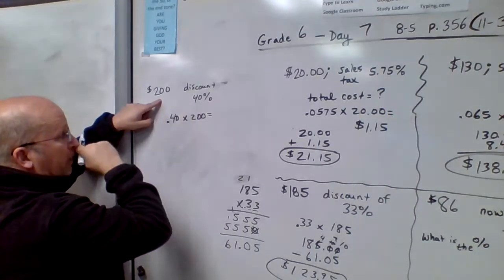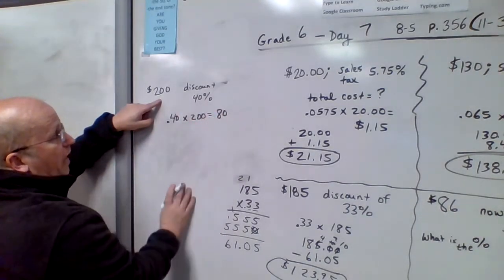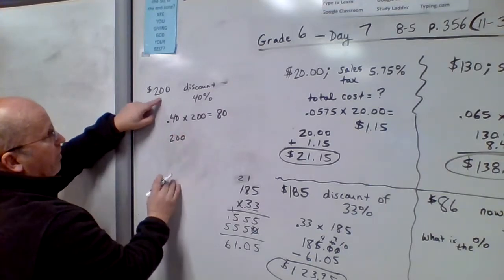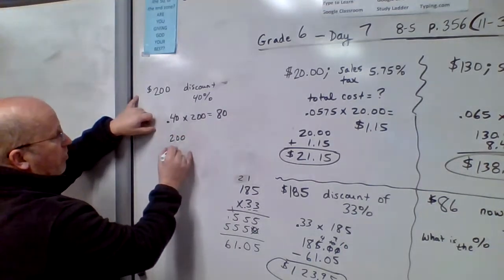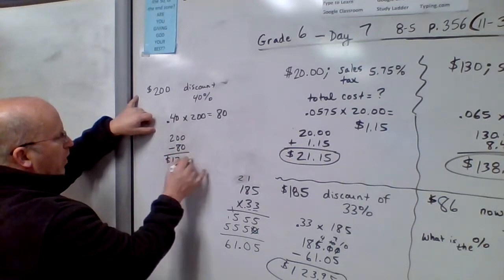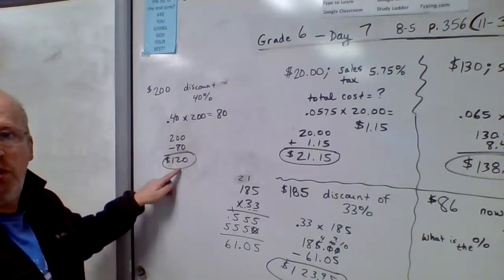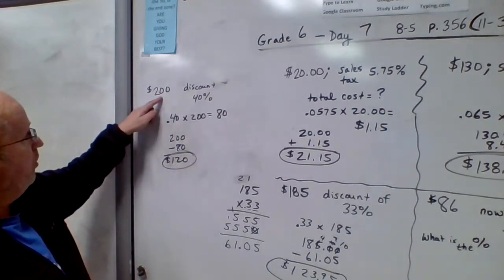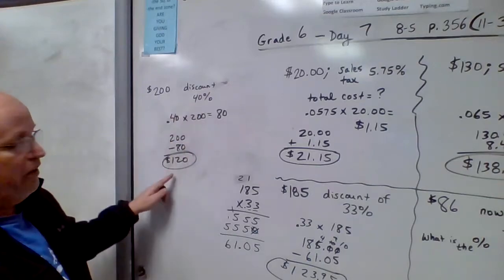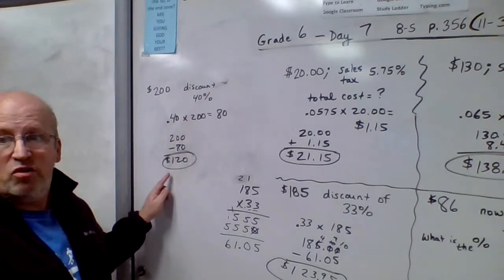I happen to know that the answer to that is 80. We then take the original price, the $200, and we subtract the 80 from it. When we do that, we get a new price of $120. So a $200 item, if we discount it by 40%, is going to give us a price of $120.